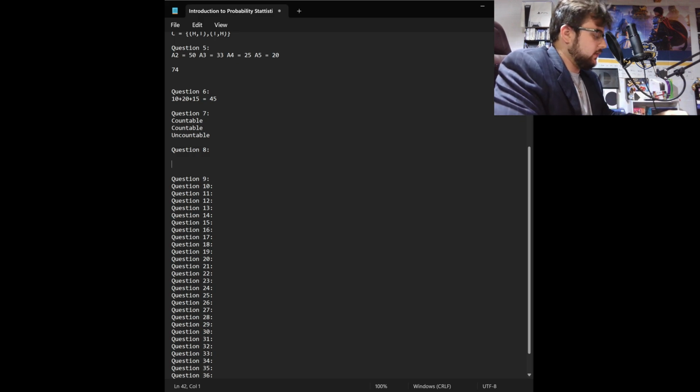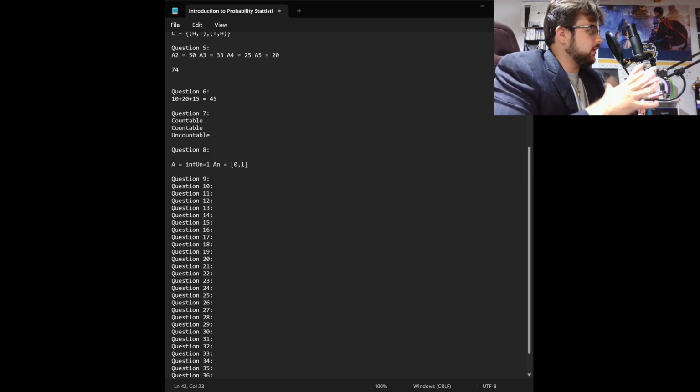So we're going to put A equals the union, n equals 1 to infinity, of A_n equals bracket 0, 1. Now, the n equals 1 and the infinity are on top. So infinity is on top of the union, n equals 1 is below it.